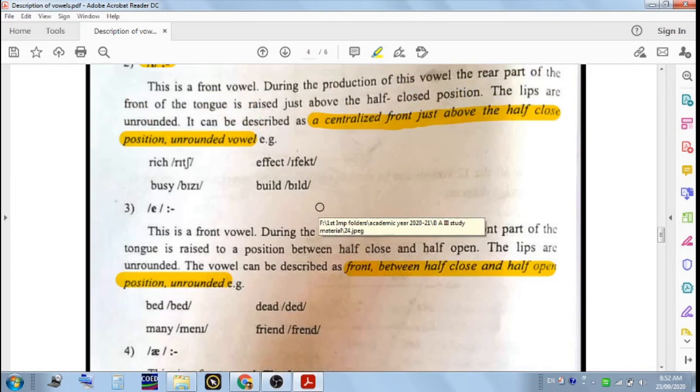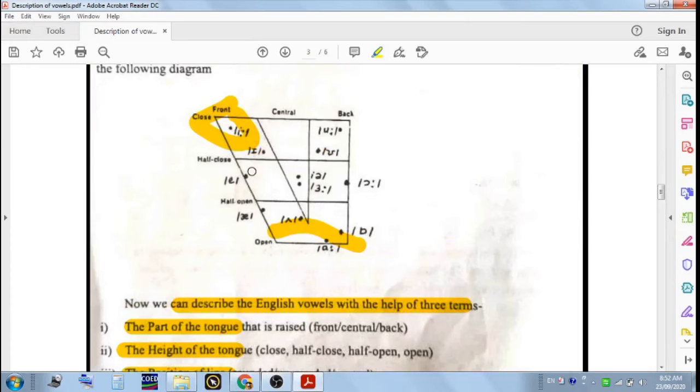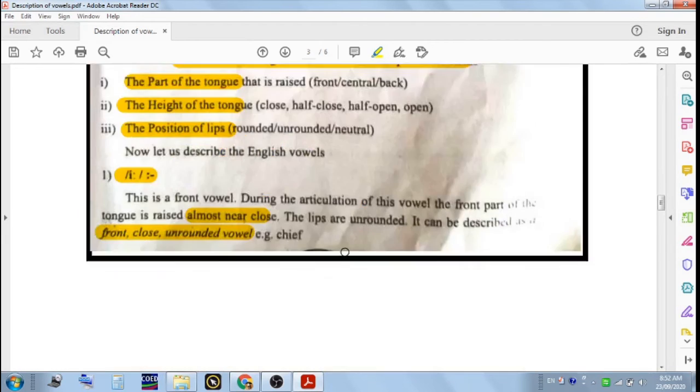So look, this is half close and this is half open, and the E sound is here between the half close and half open, and the part of the tongue used is front.